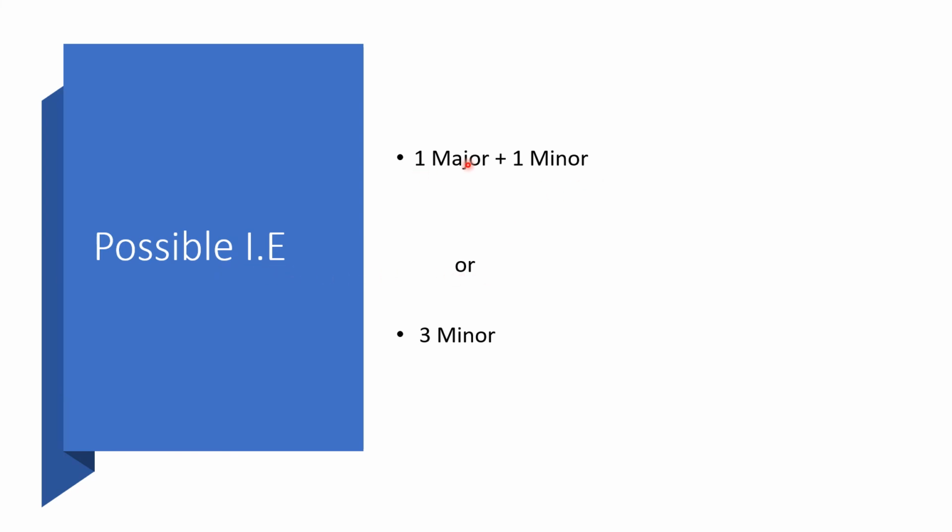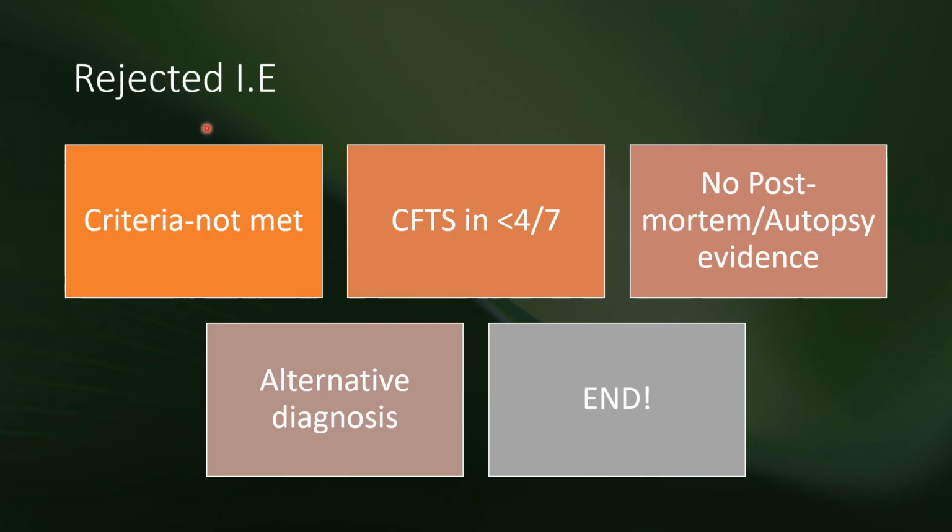Or you're unable to meet one major, one minor, but you can find 3 minor, then it is possible infective endocarditis. You are fine to reject infective endocarditis as the possible diagnosis if the clinical and pathologic criteria are not met.